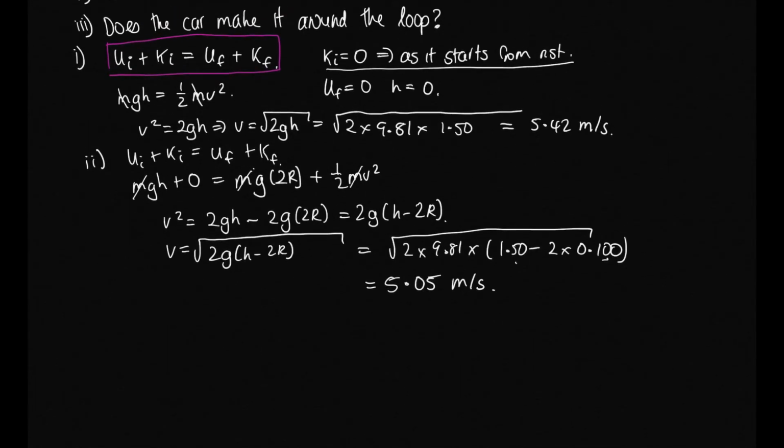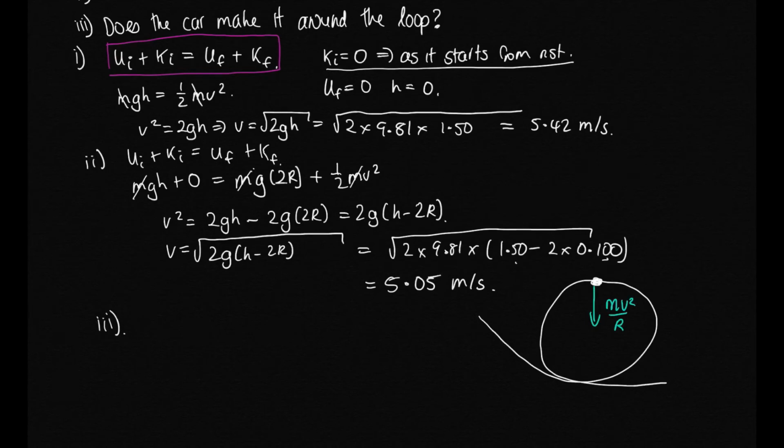Okay, part 3 then says, does the car make it around the loop? So for that part, we'll need to consider our forces involved. So here's our loop. Now at the top of the loop, here's our car. We've got a net force given by mv squared on r. That's the centripetal force.